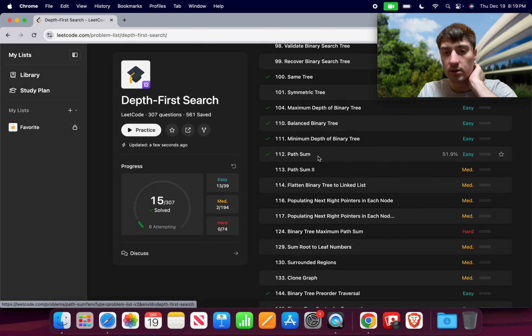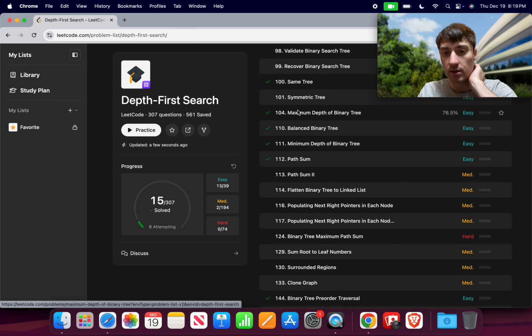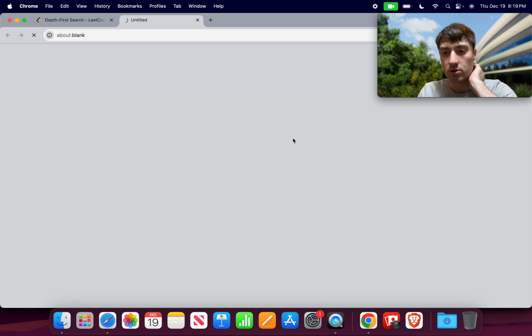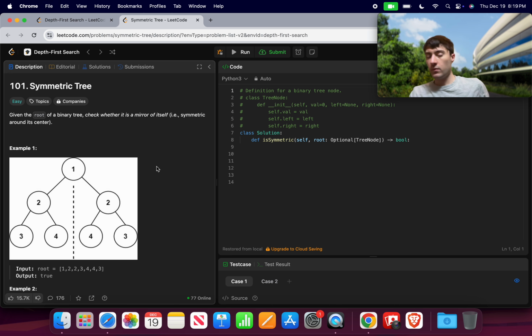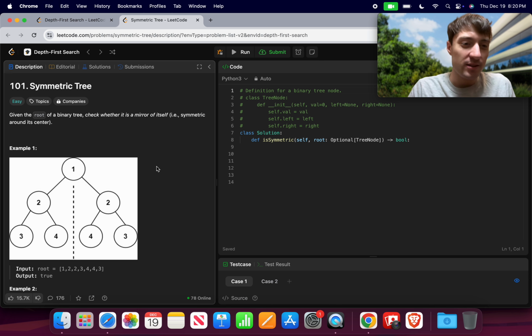Both of those were done. All of these are done. Symmetric tree, okay, that's the next one. I was about to say, what if I can't solve this one? We're not going to think of that possibility.